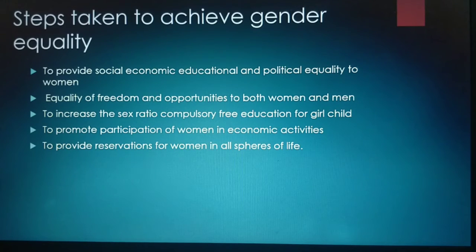To promote participation of women in economic activities. For example, nowadays you are observing who is our financial minister, Nirmala Sitaraman. She is also a lady.